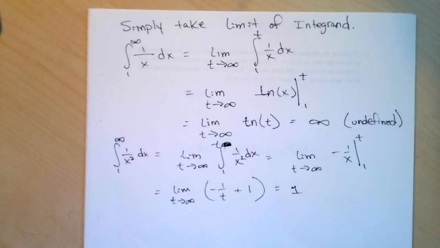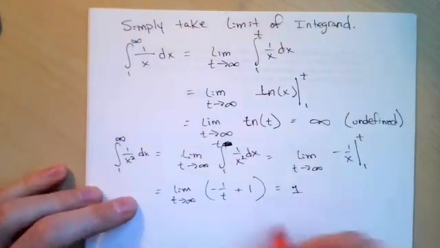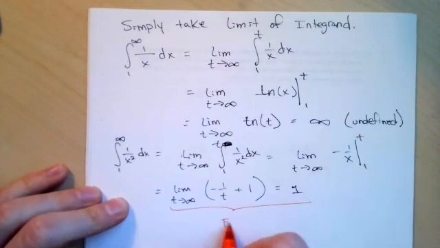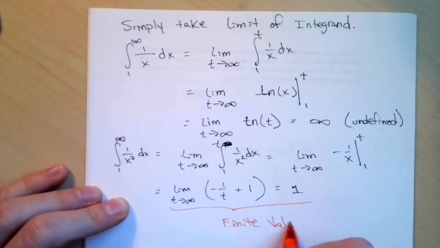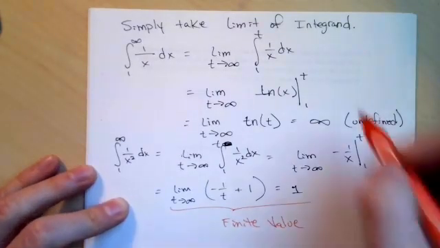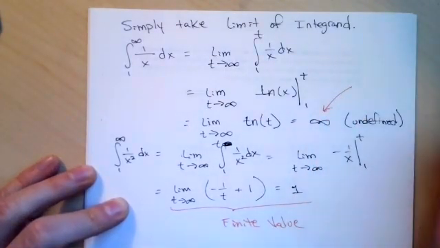So we see that both things can happen. Sometimes we get a finite value. Sometimes we get an infinite value.